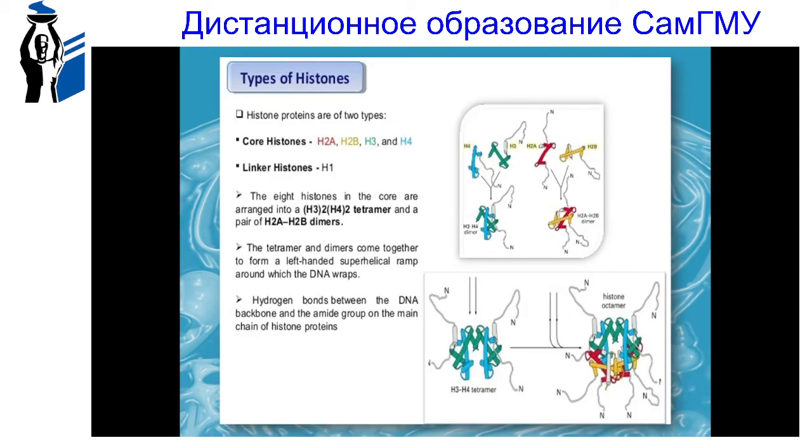Core histones H2A, H2B, H3, and H4 are small proteins with molecular weights of about 10–15 kilodaltons, the composition of which is extremely enriched in the positively charged amino acids lysine and arginine.